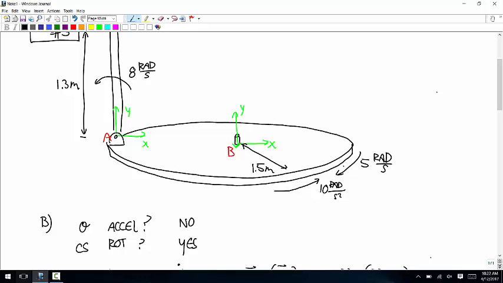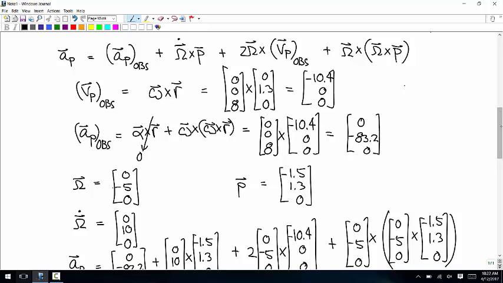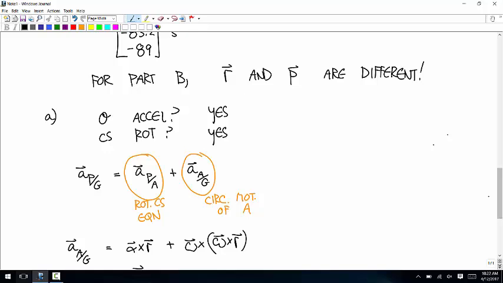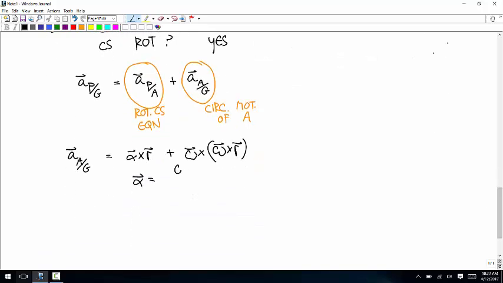That's 10 in the positive y direction. So that's 0, 10, 0. And then our angular velocity is 0, negative 5, 0.